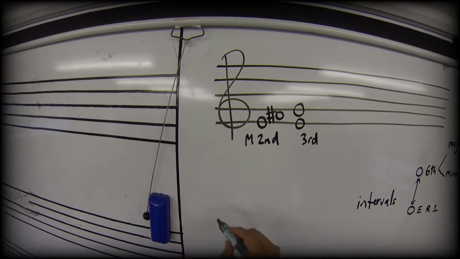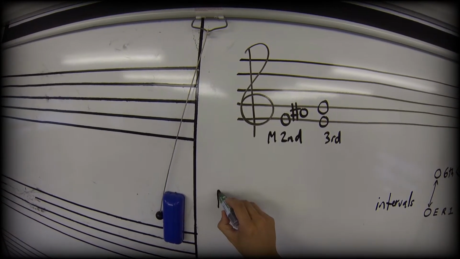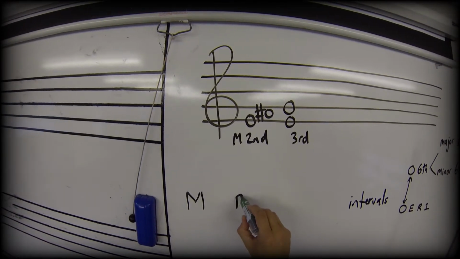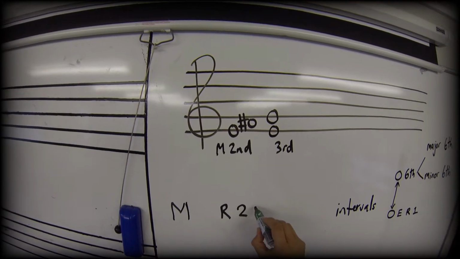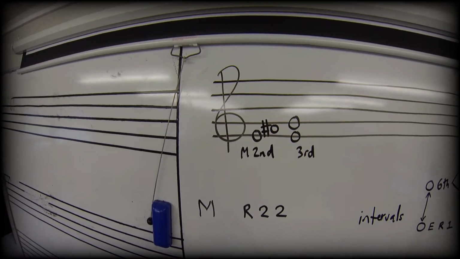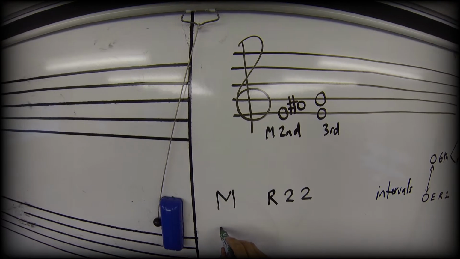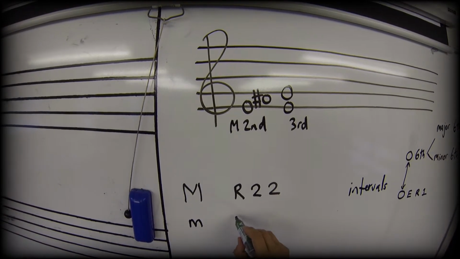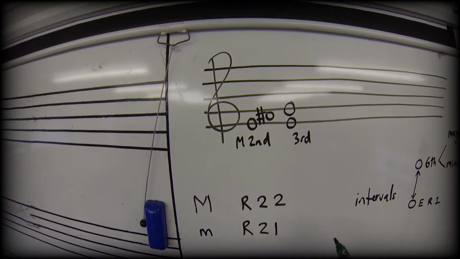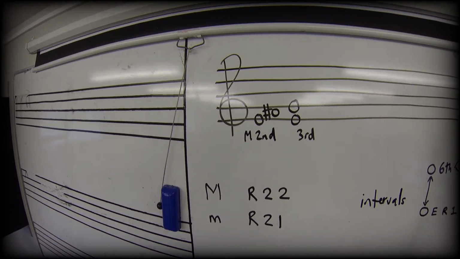And just so we remember, let's write here that our major scale goes root, 2, 2, and then it carries on 1, 2, 2, 2, 1. And our minor scale with the small m goes root, 2, 1, 2, 2, 1, 2, 2.